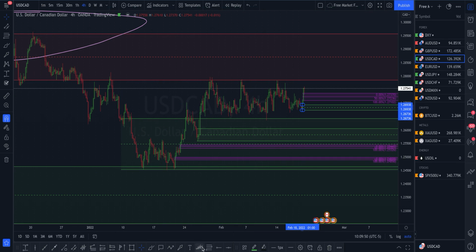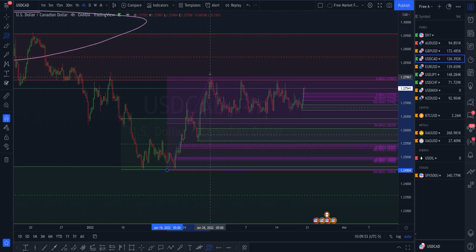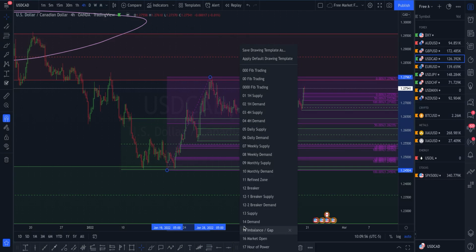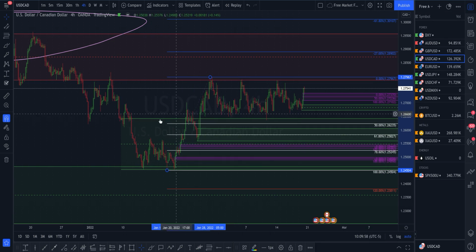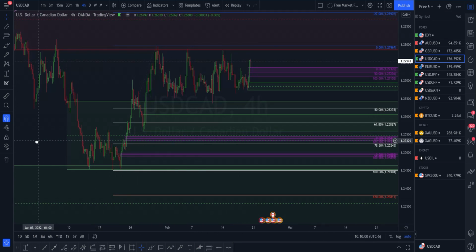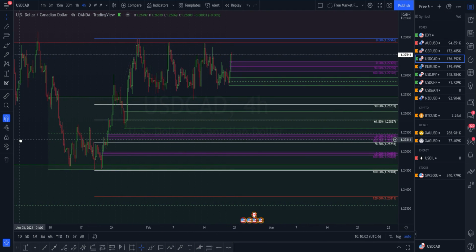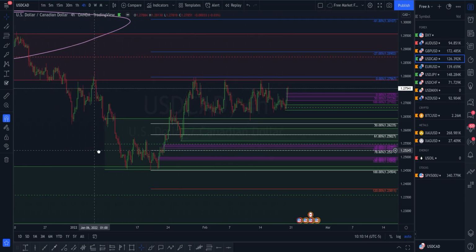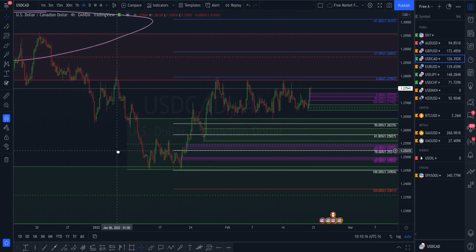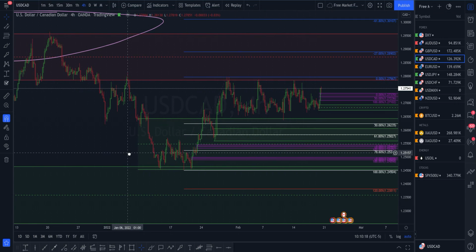Let's take our lows of lows up to our highs of highs. Throw a fib on here. Okay, let's see what we have. We have a 4-hour demand at 61.8%. I thought I had another 4-hour demand.